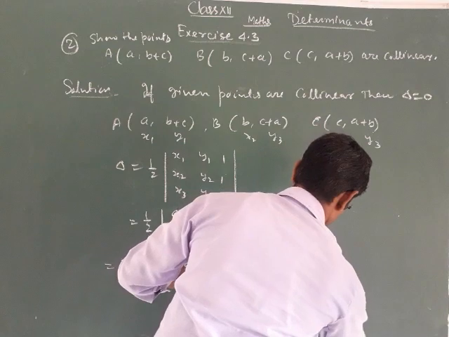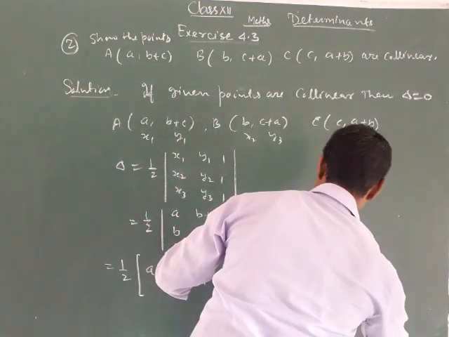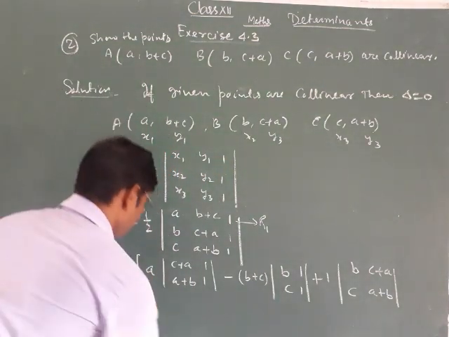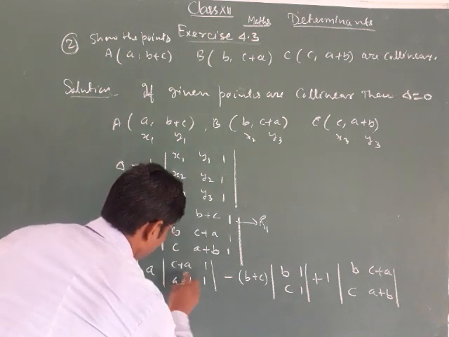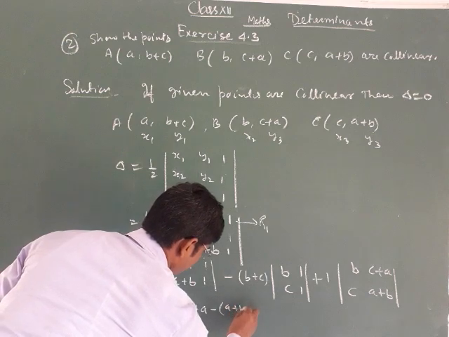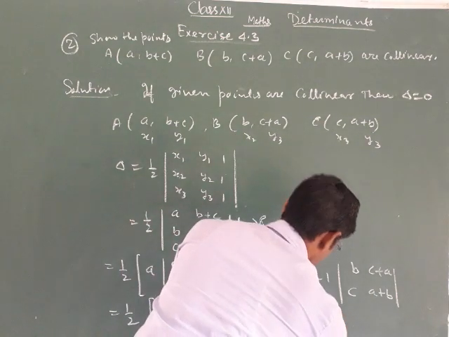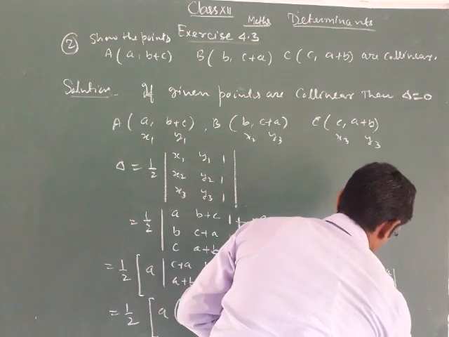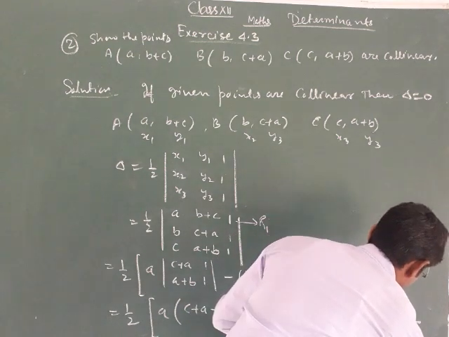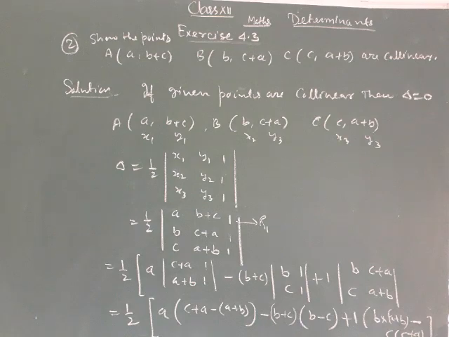And plus C, taking this and this cancel out: B plus C, C plus A, and C plus A, A plus B.